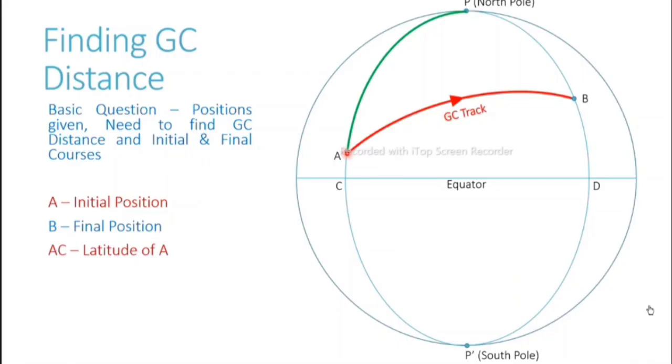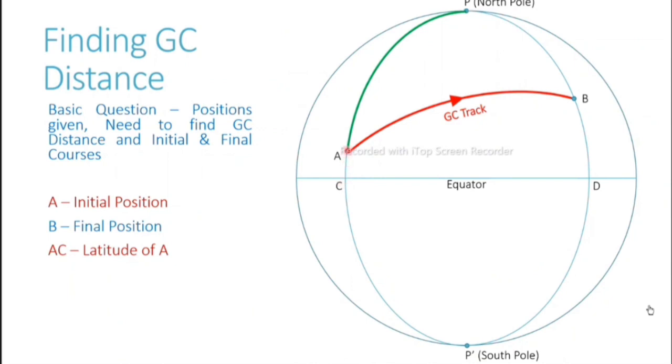Now we also know that from the pole up to the equator, if you measure the distance along any of the meridians, it comes out to be 90 degrees. So pole to point C on the equator will be a total of 90 degrees. So this arc, Papa to Charlie, is going to be 90 degrees.